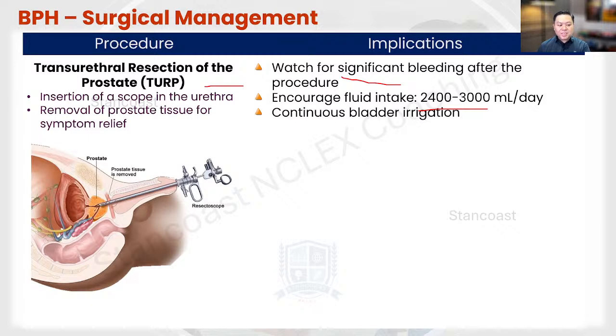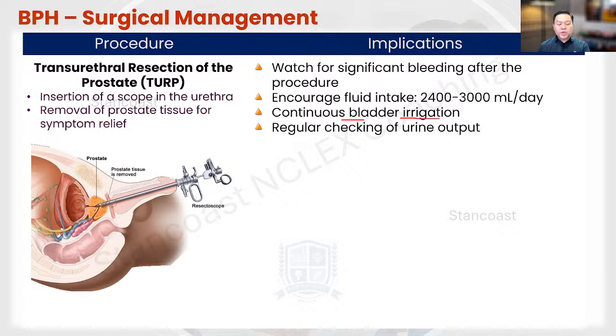Now, the patient is going to be placed on continuous bladder irrigation, a topic that I'll be talking about later in this discussion. And we'll talk about this later.